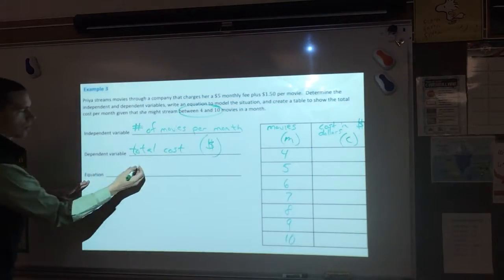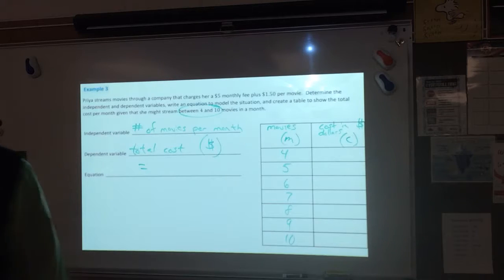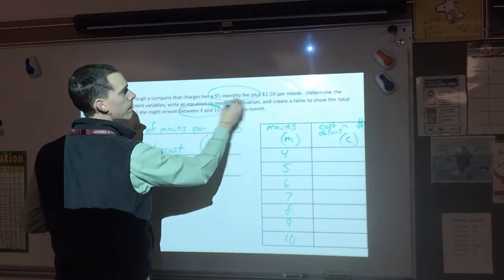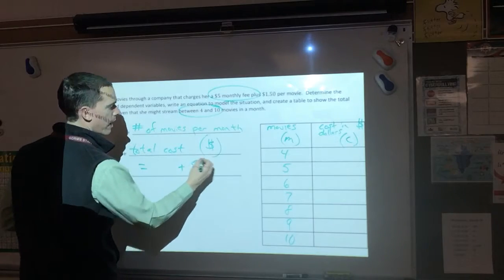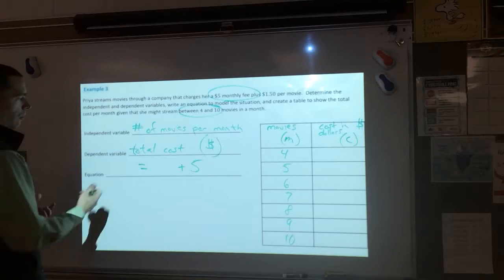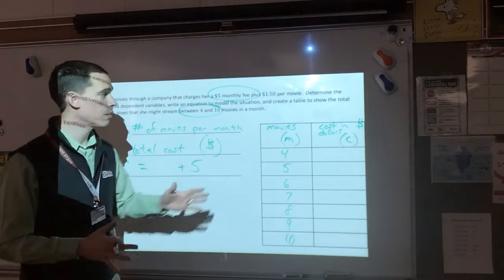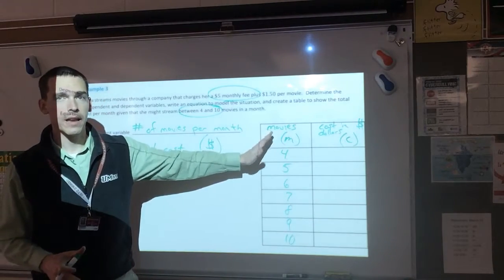So what's an equation we can come up with? Something with an equal sign for sure. And what we want to talk about here is there's also a $5 monthly fee. So that monthly fee has to be added on afterwards. Now, how much does it cost per movie? So the total cost is going to equal, and typically we're multiplying, or whatever the operation is, with the independent variable.